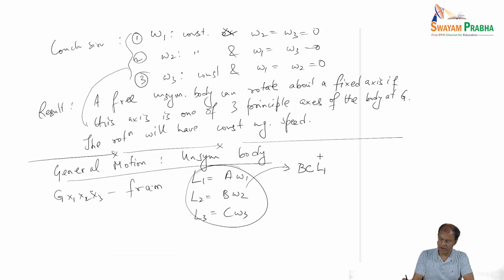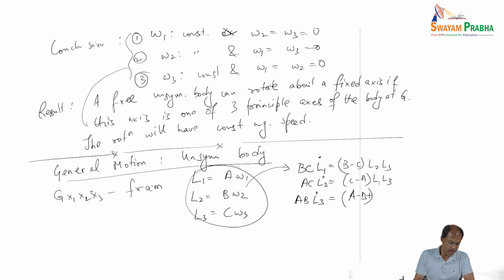BC L1 dot is equal to B minus C, L2 L3. So rather than writing an equation for omega, we write an equation for L i's. The second equation is AC L2 dot is C minus A, L1 L3, and AB L3 dot is A minus B, L1 L2.